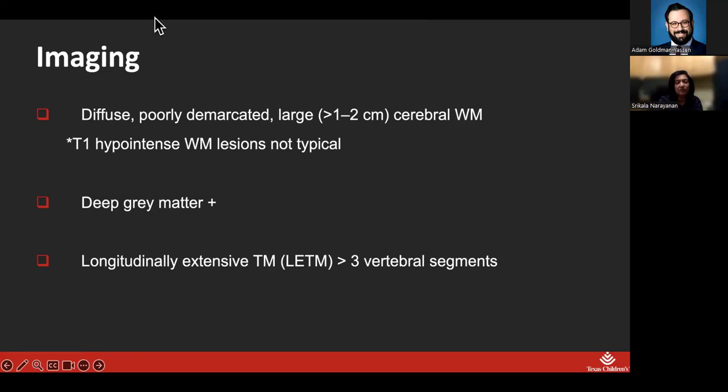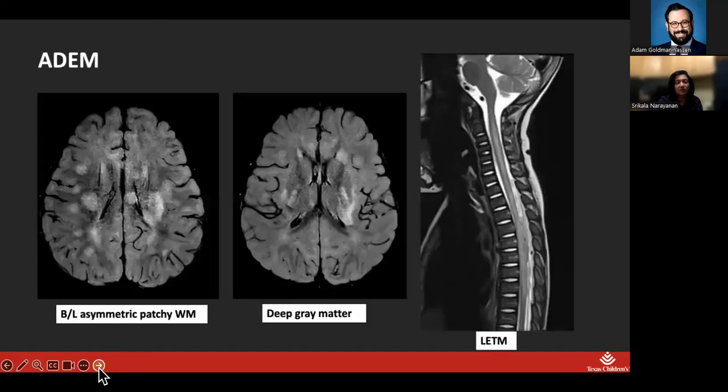There can be involvement of the deep gray matter, and longitudinally extensive transverse myelitis can be seen, which is basically defined as involvement of more than 3 vertebral segments. So here's a case of ADEM with bilateral asymmetric patchy white matter involvement. There is involvement of the deep gray basal ganglia and the thalami, and a longitudinally extensive transverse myelitis.